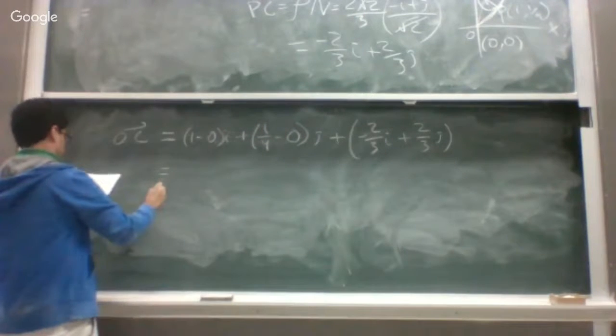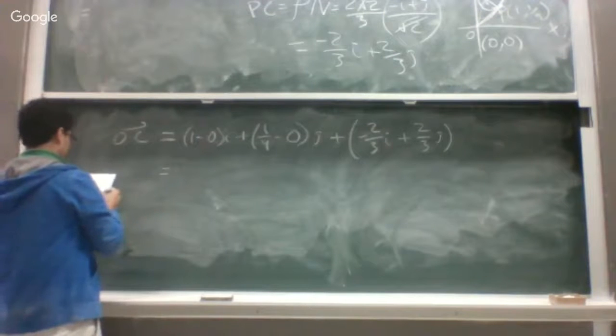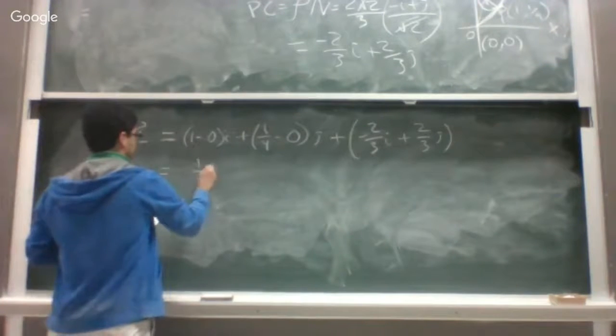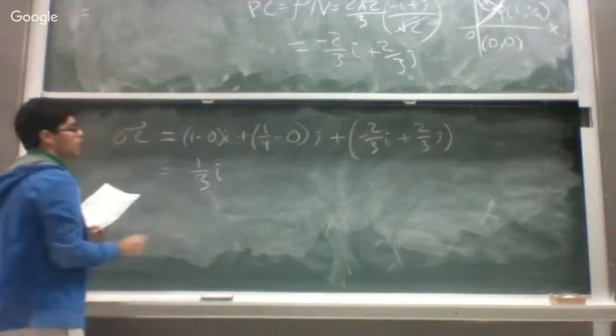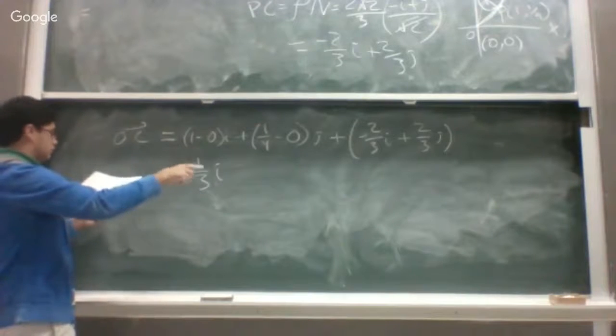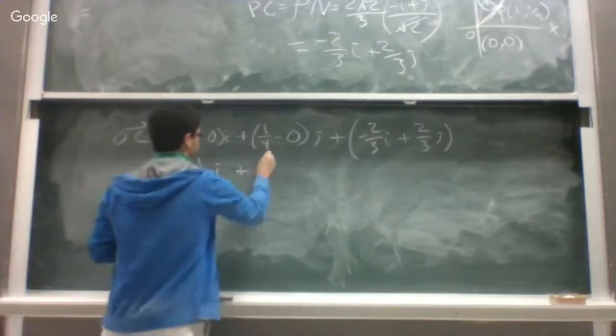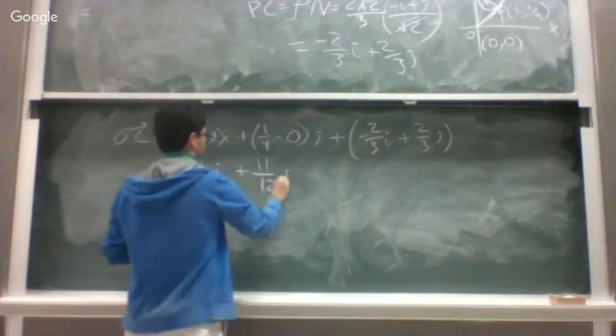If we add them, we get 1/3 i plus 1/4 plus 2/3, which is 11/12 j.